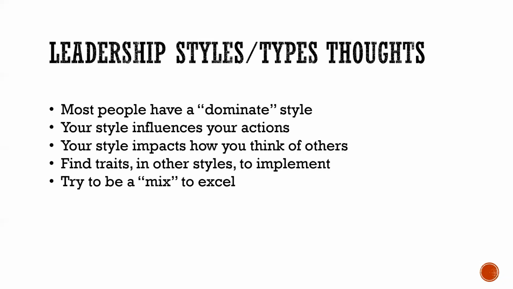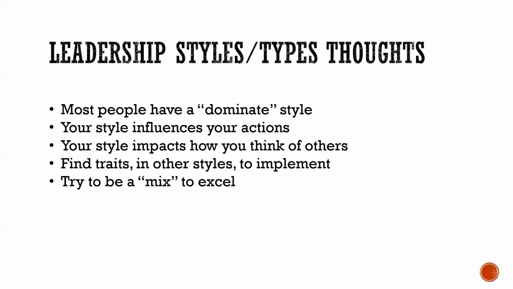And then your style impacts how you think of others. All of us have different leadership styles. We tend to think of others who aren't like us as somehow broken, wondering how come they're not thinking like I'm thinking. So the key is that you first have to recognize what type of leader you are, and then make sure you understand that everybody isn't the same as me.